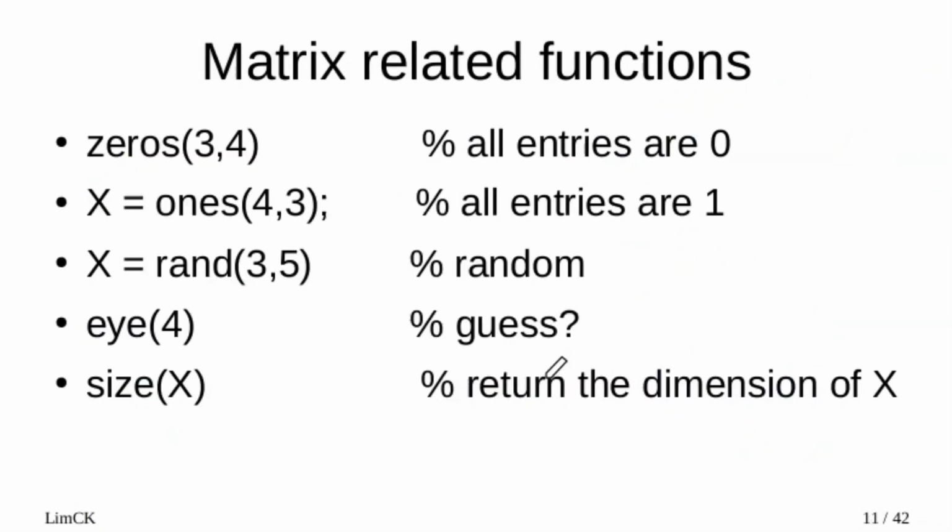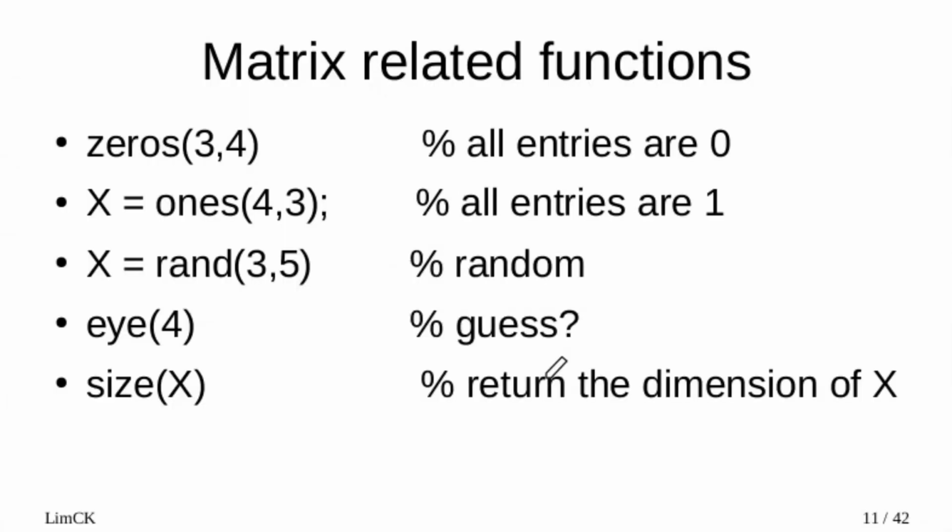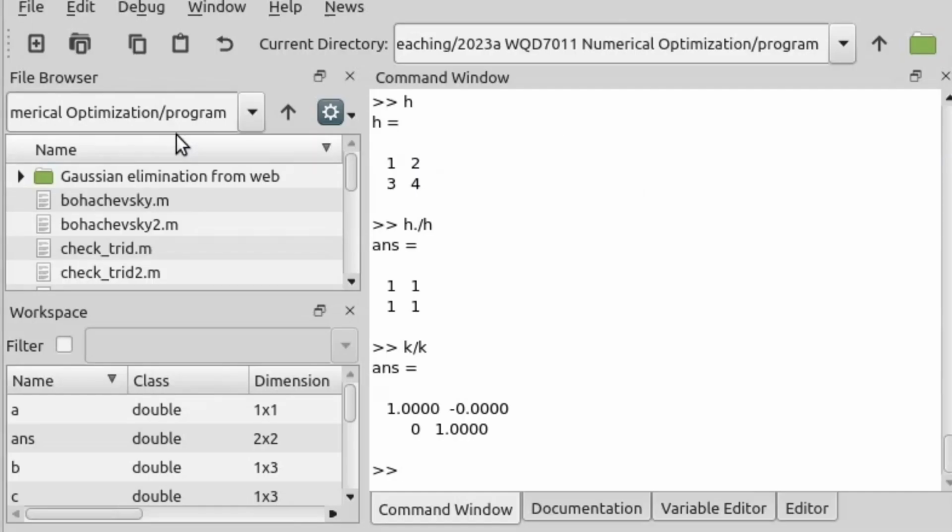We still have some more matrix related functions. For example, we can create a zero matrix, I mean a matrix with all 0, with this function. Let me show you zeros. If I type 2 3, that means I will have a 2 row 3 columns matrix, but all the elements are 0.